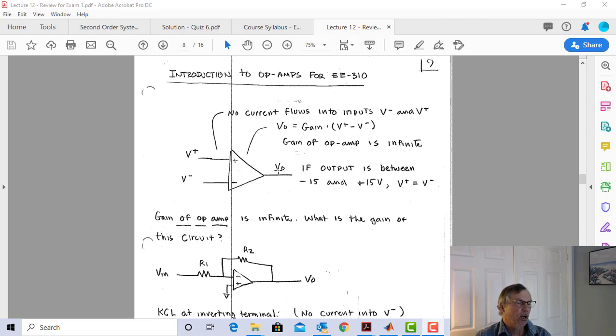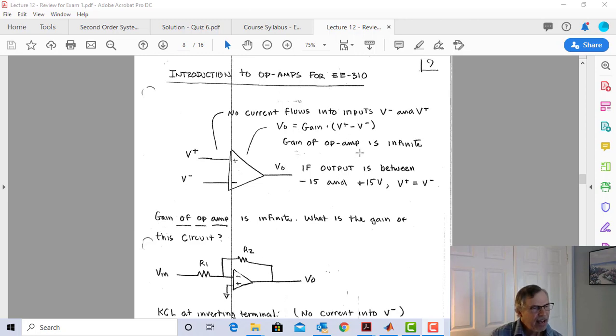To get our 1 volt, if this gain is 1,000,000, we had 1 microvolt between the two terminals. So if the output is some reasonable value, then the difference between these two terminals is tiny because the op-amp is a differential amplifier. A microvolt might as well be no volts. So we're approximating the gain of the op-amp as infinite.